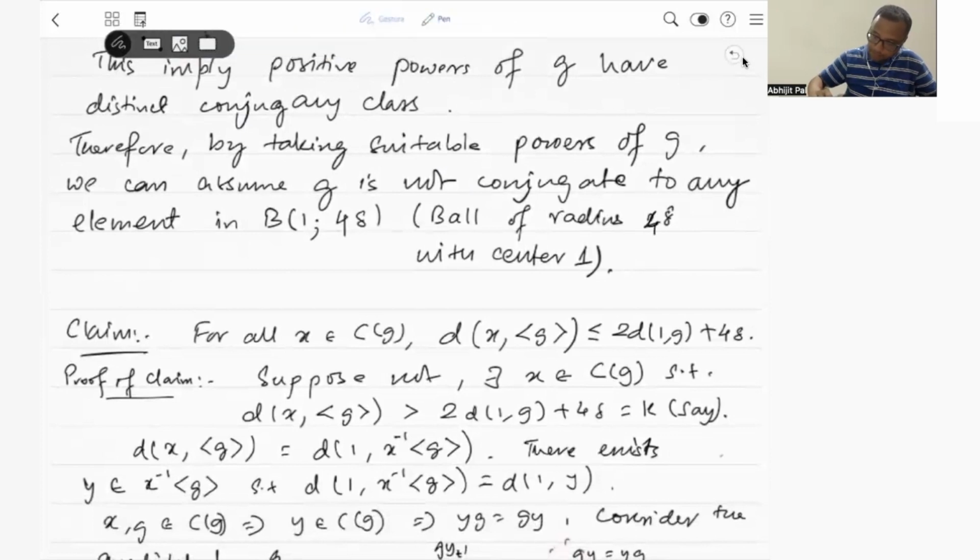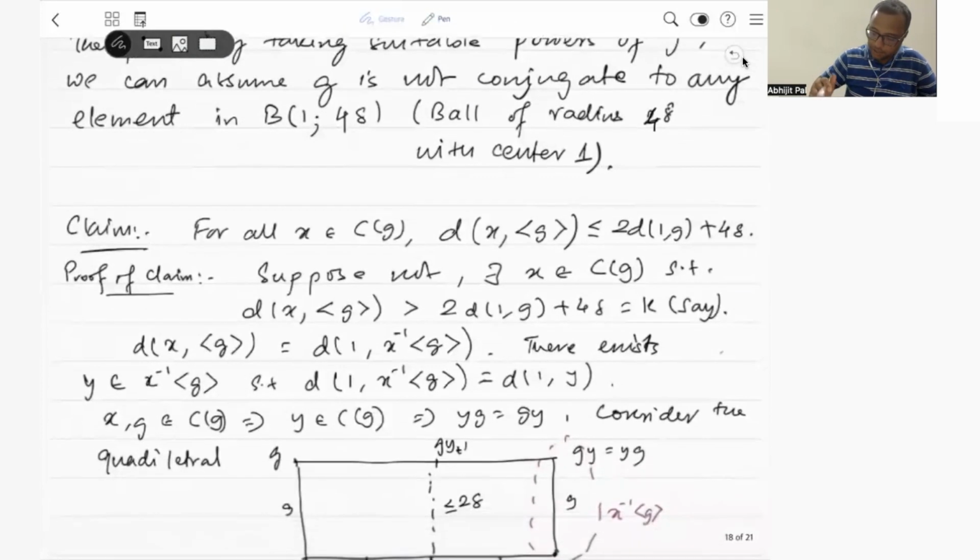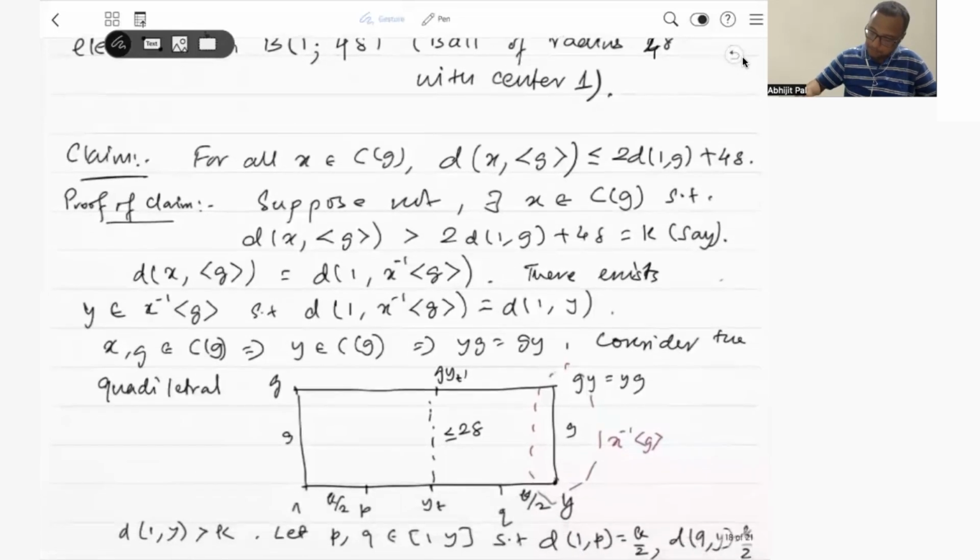Okay. So now the next claim is, if I take any element x belonging to the centralizer, then the distance of x to the cyclic subgroup generated by g will be less than or equal to twice the distance between 1 and g plus 4 delta. So we want to prove that the index of the cyclic subgroup generated by g is finite in the centralizer of this element g.